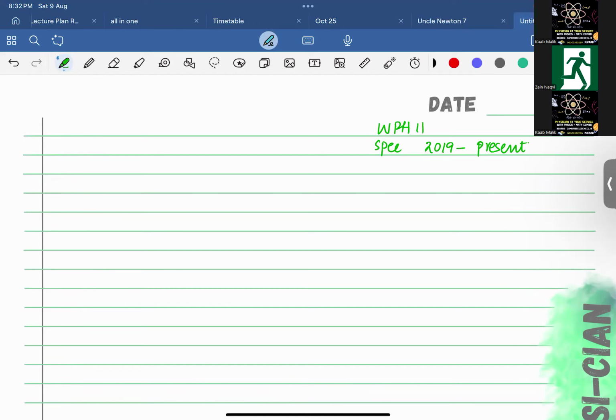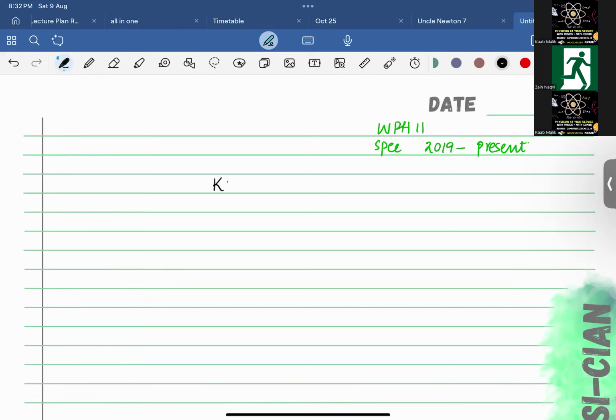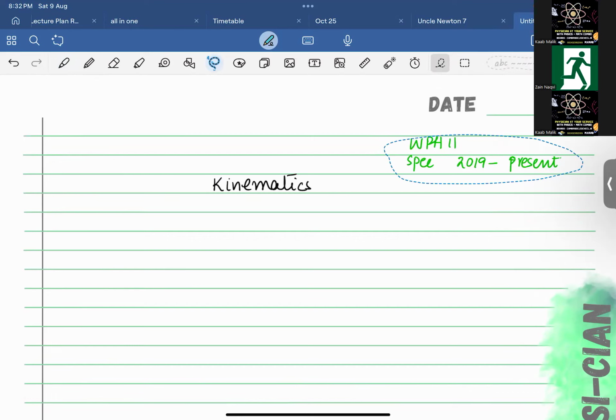So today we are going to discuss kinematics. It's basically a part of mechanics, a whole big thing, under which there's kinematics. We are doing it on 9 August 2025.